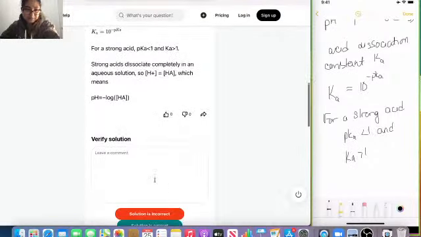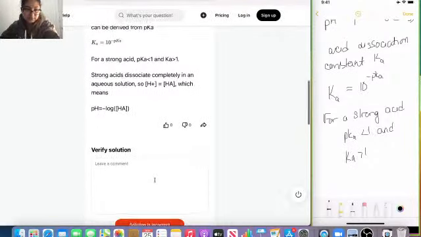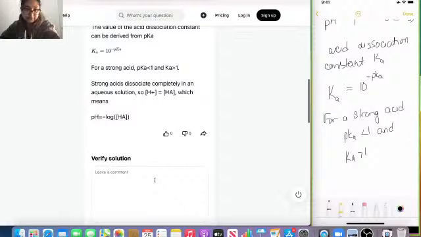And yes, so for strong acids, it means that your HA is basically completely dissociated in the aqueous solution, and so basically the concentration of your proton is equal to the concentration of your acid.